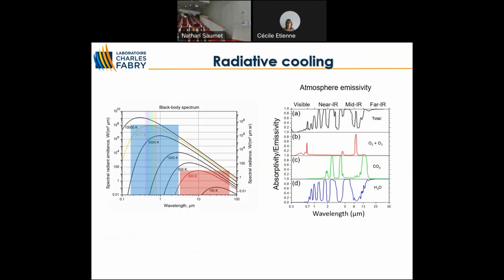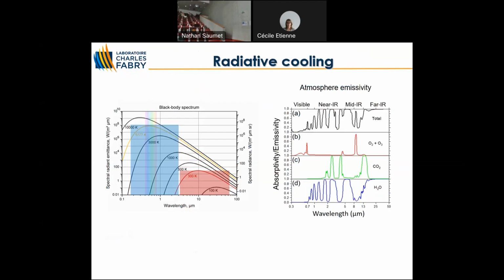So you see that it's transparent here between 8 and 13 microns. So this is why the infrared cameras that you can buy are operating between 8 and 12 actually. And there is another region here between 3 and 5. So those are the regions where the atmosphere is transparent. Of course, it's transparent in the visible also.